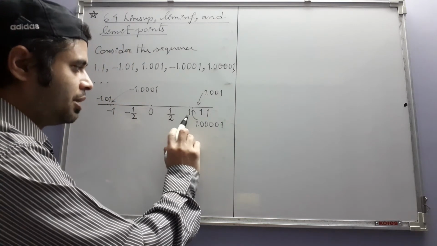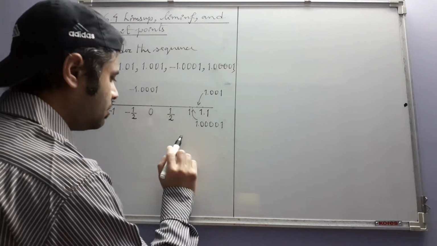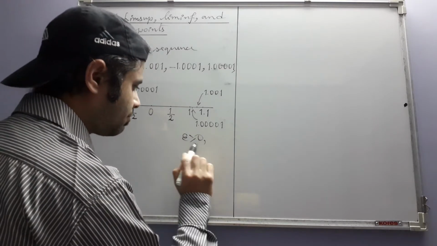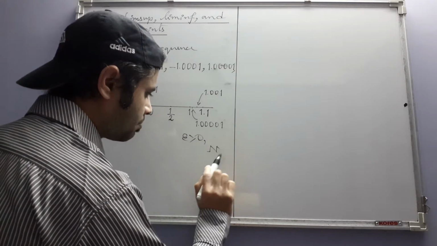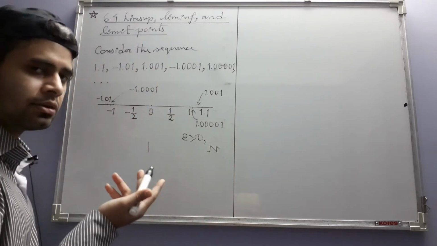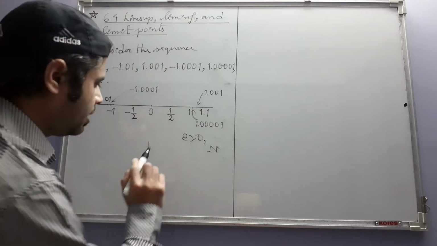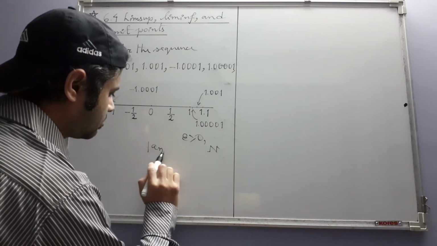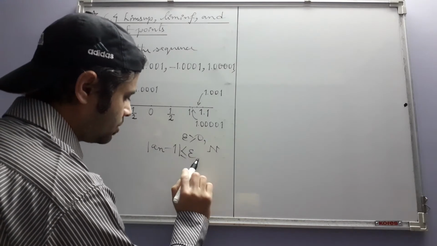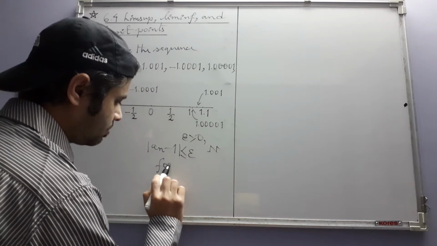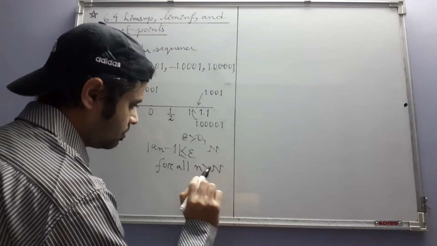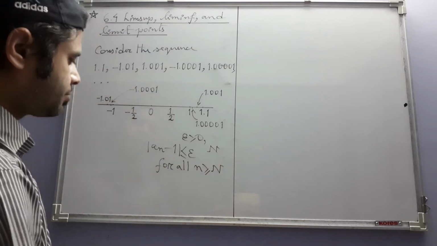Had the sequence been convergent to 1, for every epsilon greater than 0, we would have found one positive integer n, such that if you are denoting the terms of this sequence by an, then this would have to be the case for all n greater than or equal to that positive integer n.